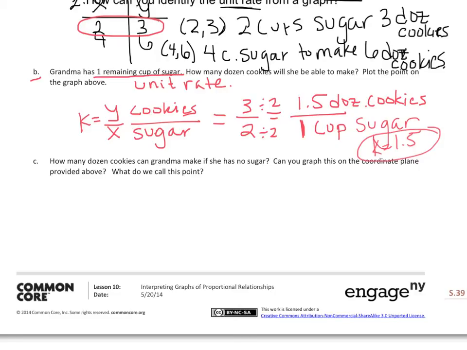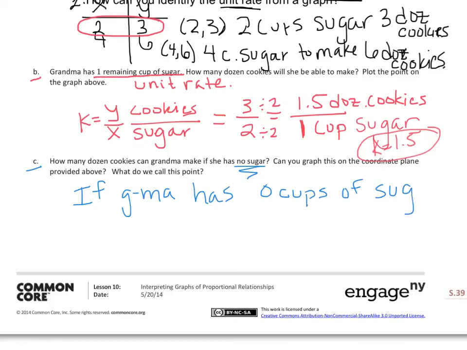All right, now we're back to the bottom with C. How many dozen cookies can Grandma make if she has no sugar? Well, if Grandma has 0 cups of sugar, she can make 0 dozen cookies.